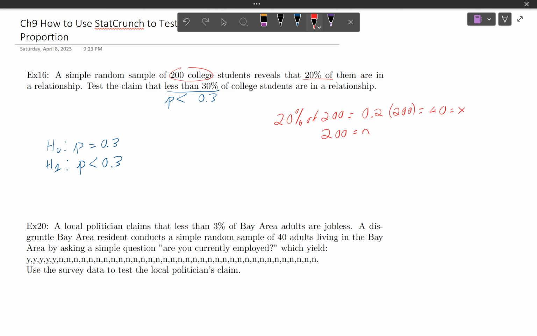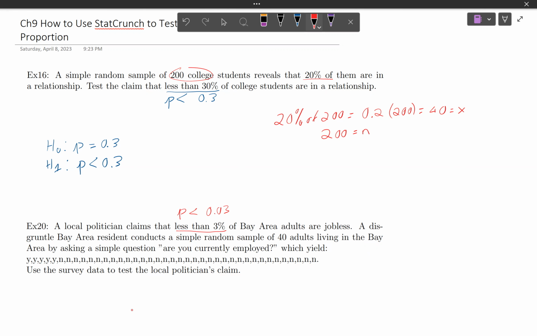In exercise 20, we have a local politician claiming that less than 3% of Bay Area adults are jobless. So here comes the claim. Less than is less than, 3% is 0.03, and this is the proportion, so it's P. A disgruntled Bay Area resident conducts a simple random sample of 40 adults living in the Bay Area.